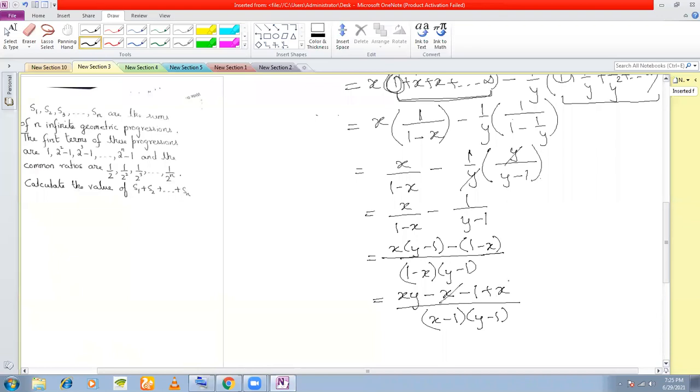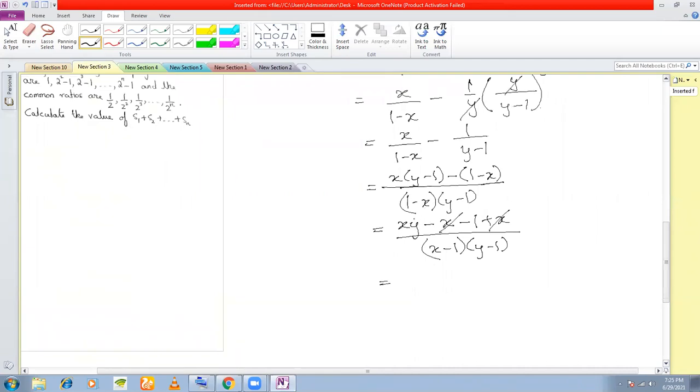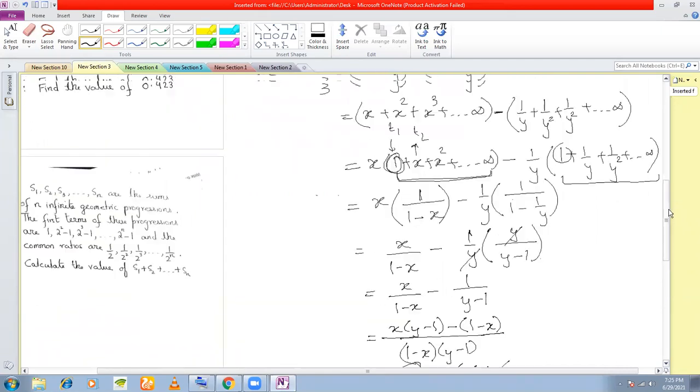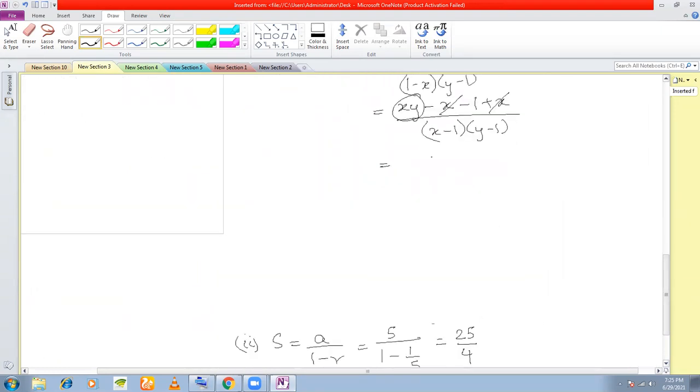So minus x plus x cancels from here. So what is the next step? Also, you know the value of xy. See here, the value of xy is given as 2. So put the value here. 2 minus 1 divided by the denominator.